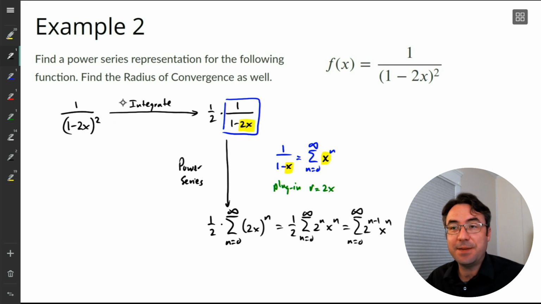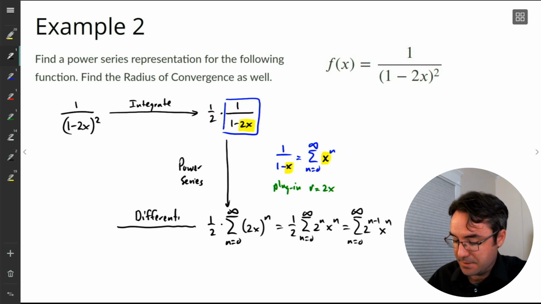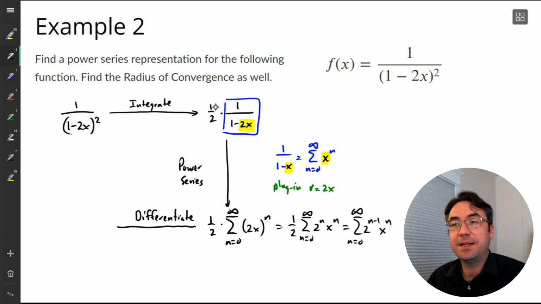So to get back, we have to undo the process. And we differentiate. So we started with our function, we integrated to get this more recognizable form, and we found the power series representation for that form. But we have to undo that integration. So the way to undo it is with differentiation.